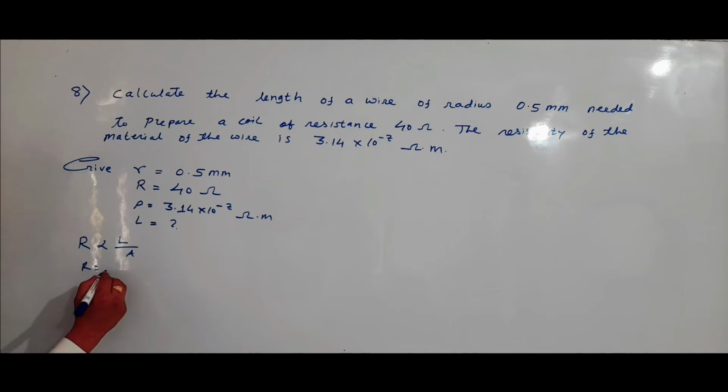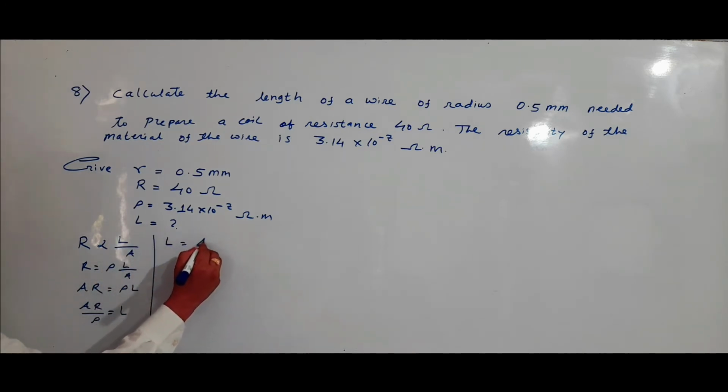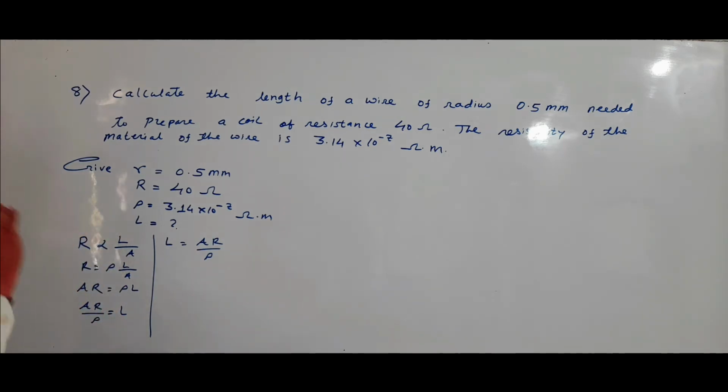R is equal to constant L upon A. AR is equal to constant into L. We have to find L. AR divided by constant is equal to L. L is equal to AR divided by resistivity, the constant, that is resistivity of the material of the wire.